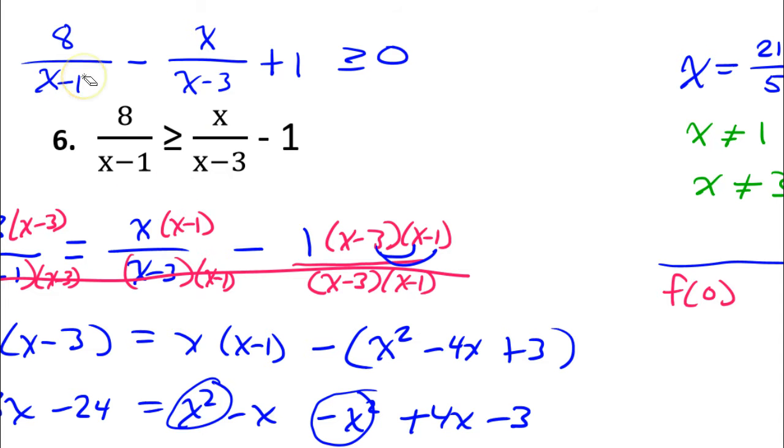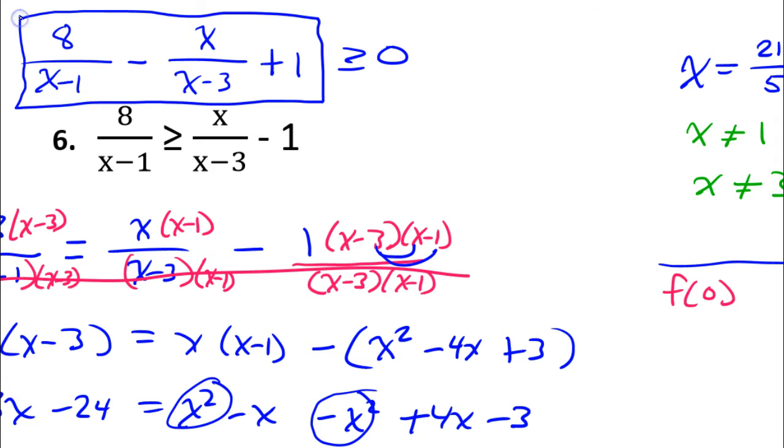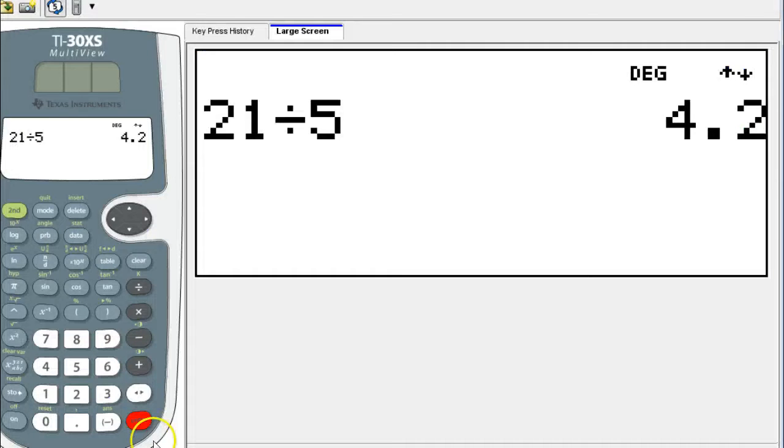Okay, so this is an equivalent version of this inequality, but it has 0 on one side. So that makes it easy because I could now put this in my calculator and compare the results to 0. So that's what I suggest.